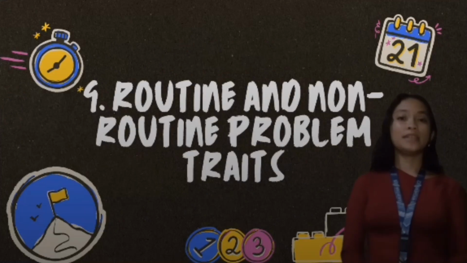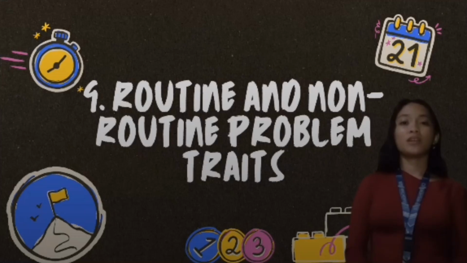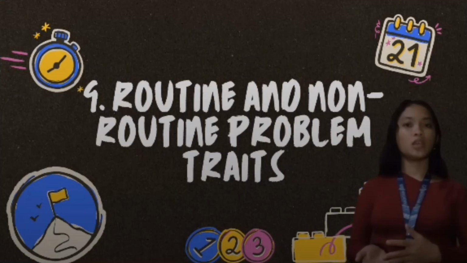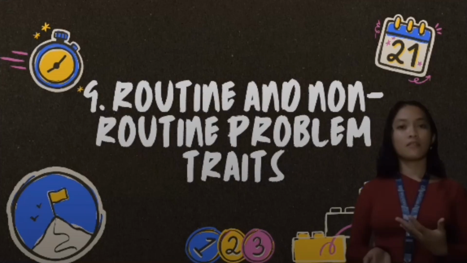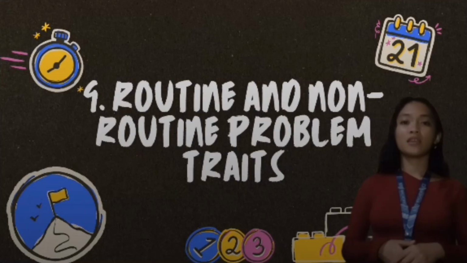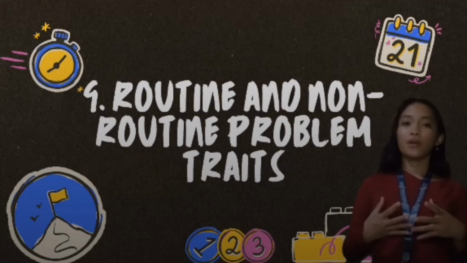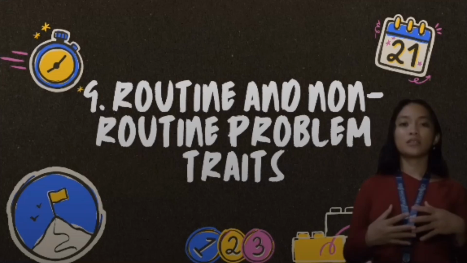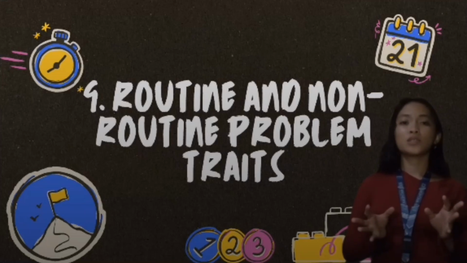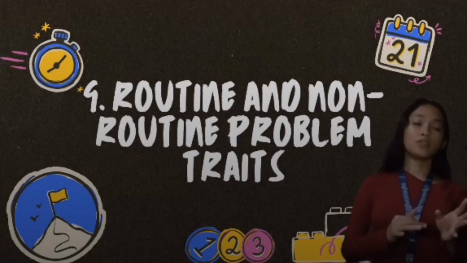Now, to summarize, a routine problem's trait is that it relies on a known algorithm, while a non-routine problem's trait is that it demands creative reasoning and also the construction of new solutions. Understanding these two brings us to the first step towards choosing the right problem solving tools for the job.